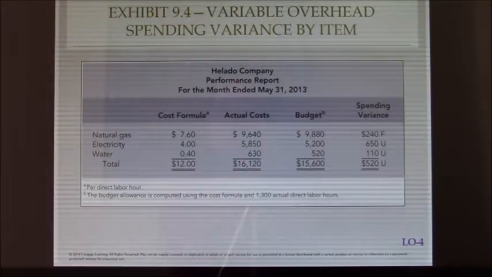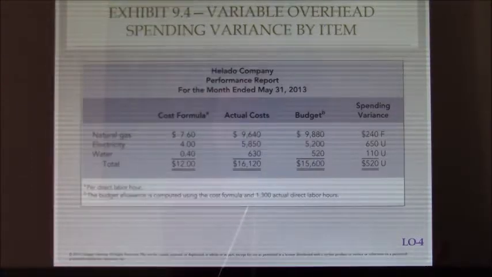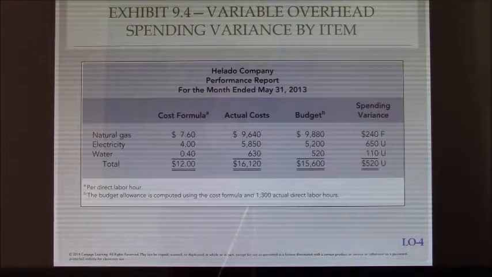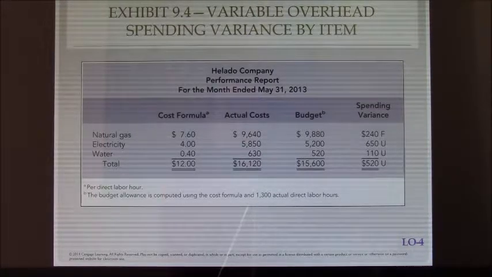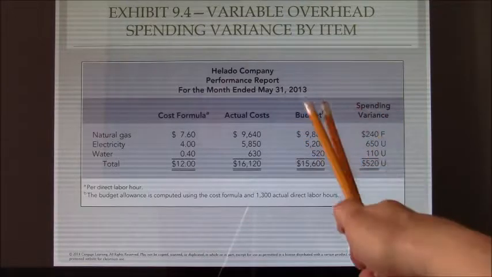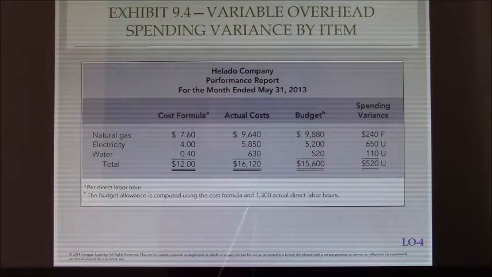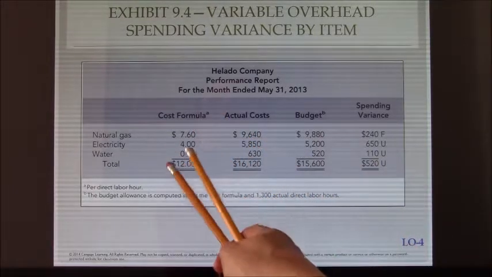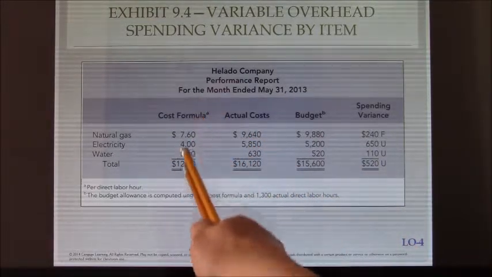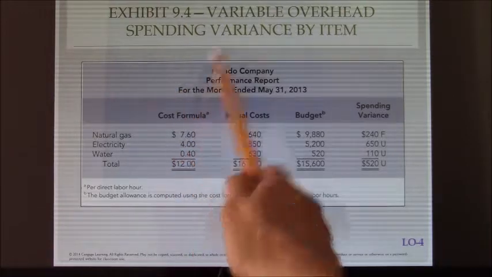So here's an example of a spending variance, right? So these variable overheads are certainly things like electricity, gas, water. The more we produce, the more we use of those. So we have our budget, right? So the budget allowance is using a cost formula per direct labor hour, right?